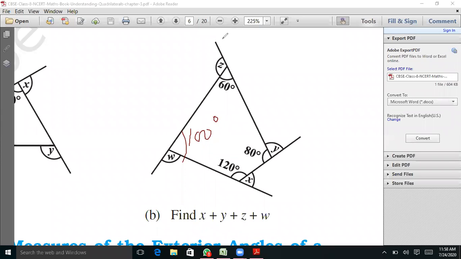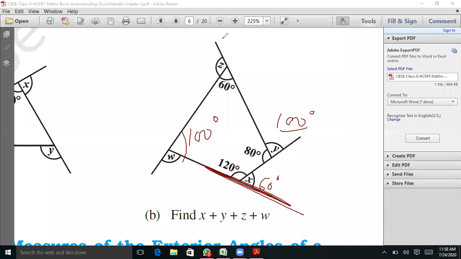Now we will find out the exterior angles. Let's see how to find out x here. It's a straight line. It's forming a linear pair. So subtract 120 from 180. You will get here 60 degree. Okay. Then what will y be? 180 minus 80, 100 degree.